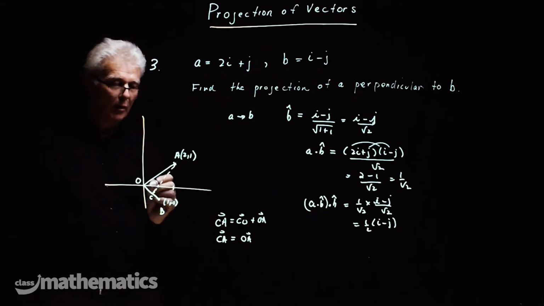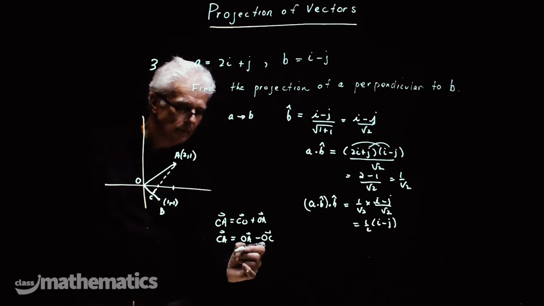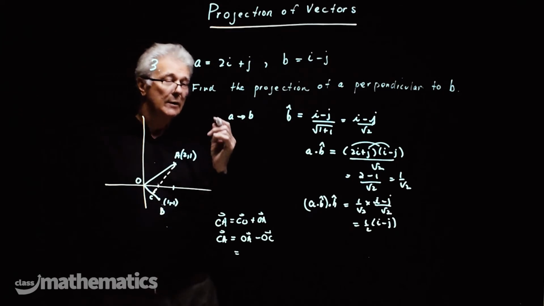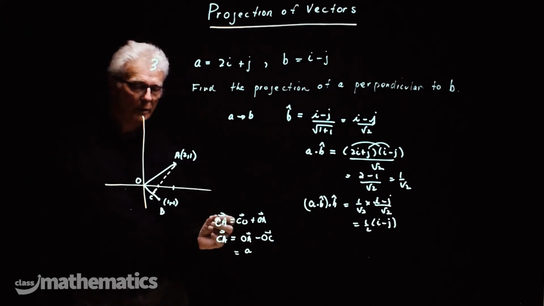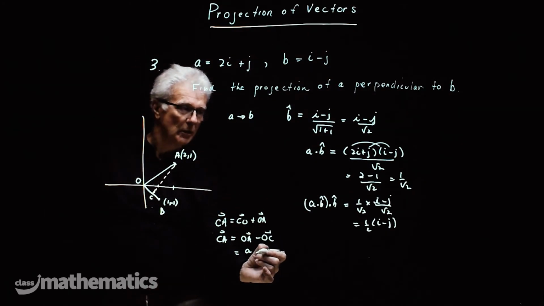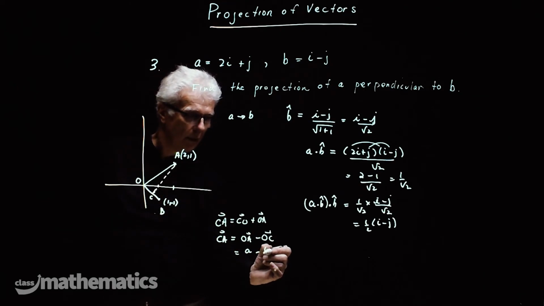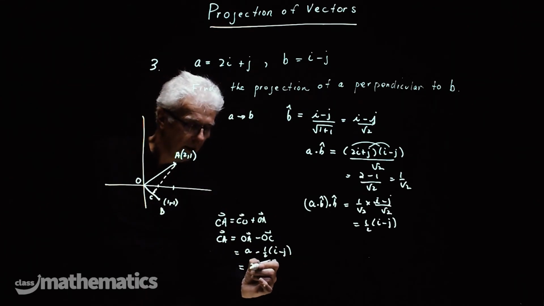Now CO is minus OC. Now OA, as we know, is just a, and the other one is minus OC, which you just worked out, which is 1/2 of (i - j). a, we're given as 2i plus j.